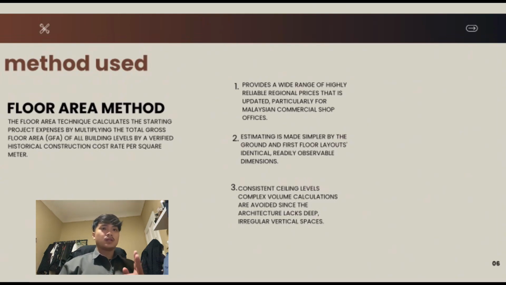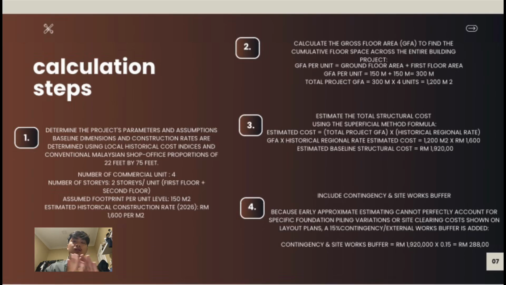Number 2, estimating is made simpler by the ground and first floor layouts, identical, readily observable dimensions. And number 3, it is very consistent level by level, complex volume calculations are avoided since the architecture lacks deep and irregular vertical spaces. We move on to the calculation step.